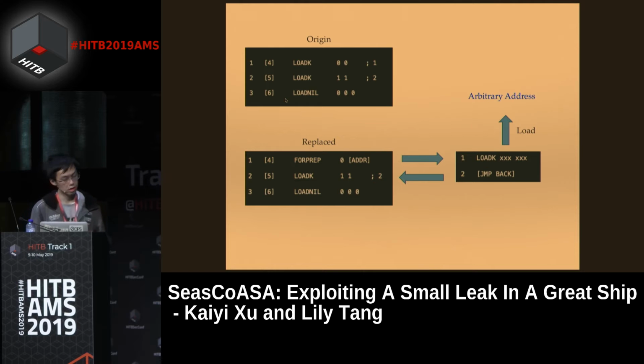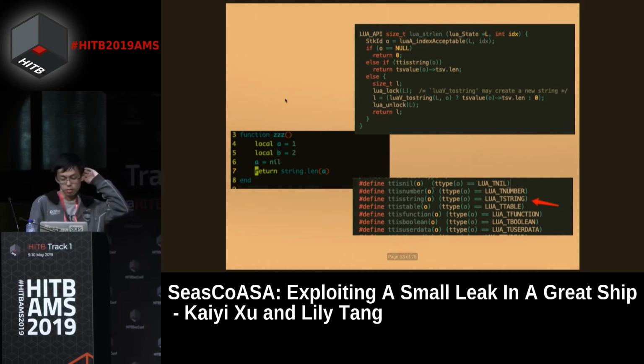And in our untrusted bytecode, we can LOADK the fake structure and jump back to the original function. Back in our constructed function, we return the length of the first structure. So we have already controlled the first variable.